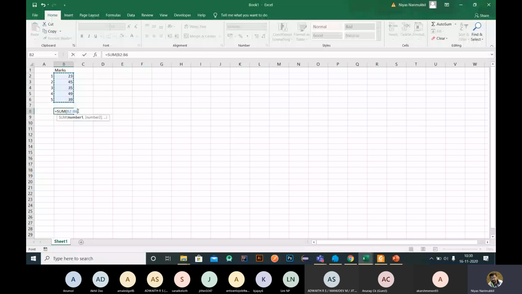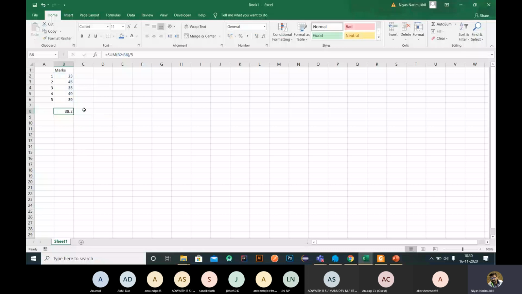In order to find the average, we need to divide it by 5, the number of items here, right? Just divide by 5, and we will get the average. This is the manner in which we use formulas over Excel.